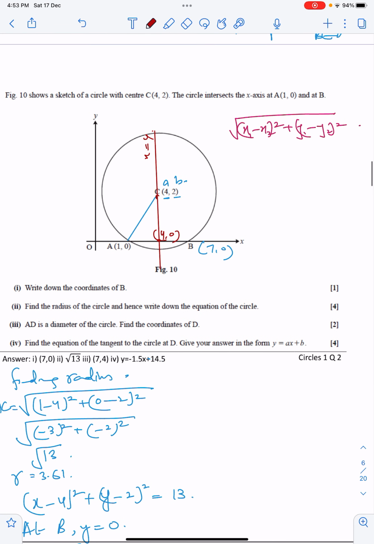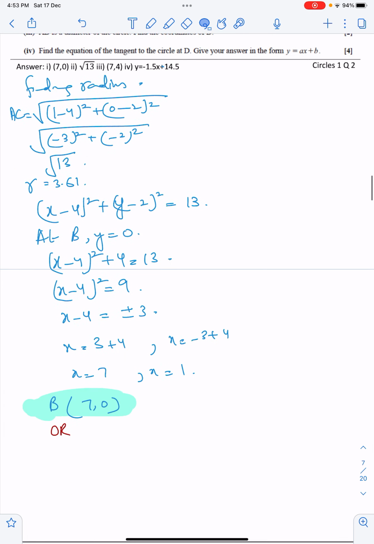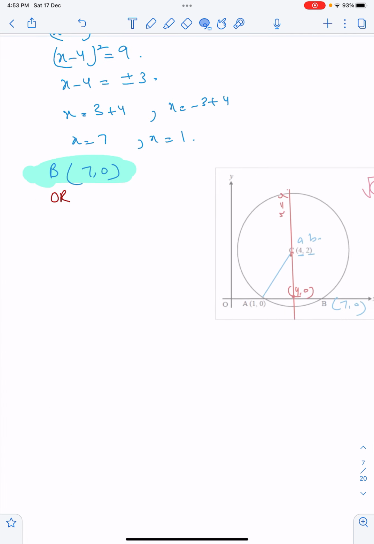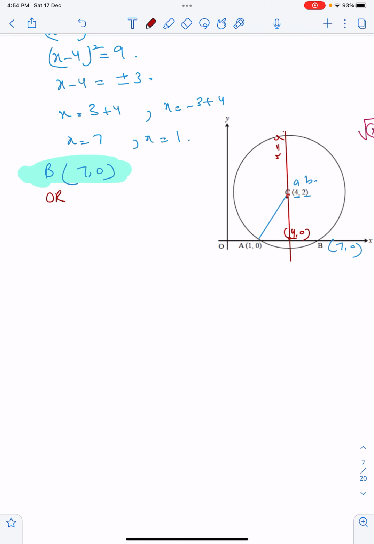Okay, I'm just taking the equation of the circle down there. Here, the midpoint of A and B is (4, 0).